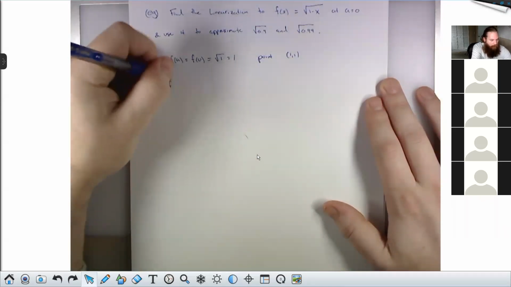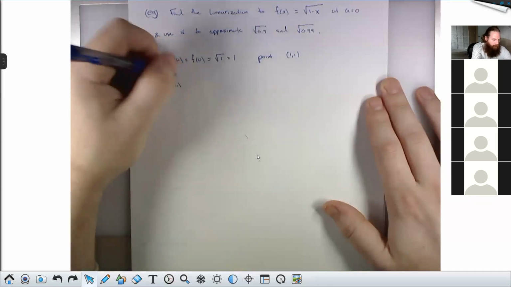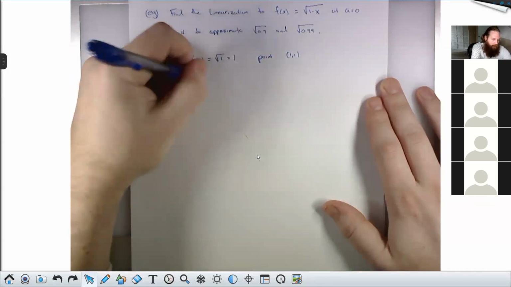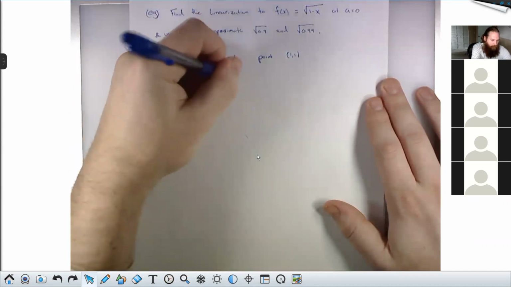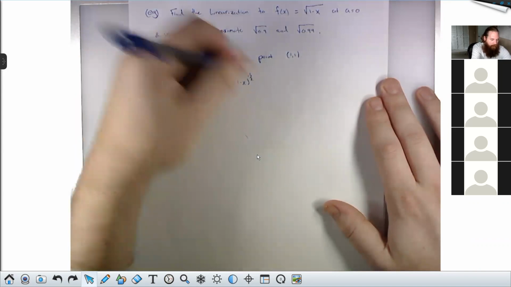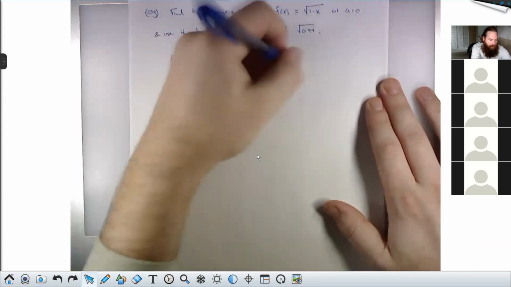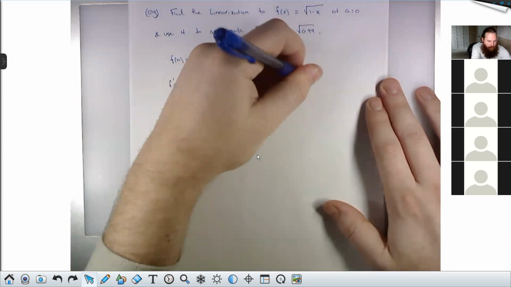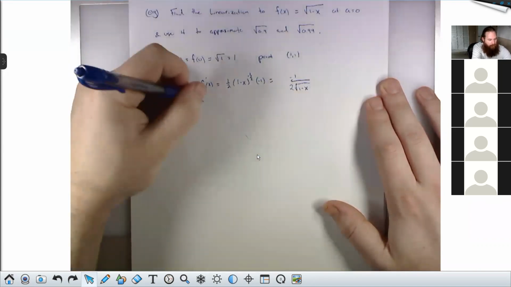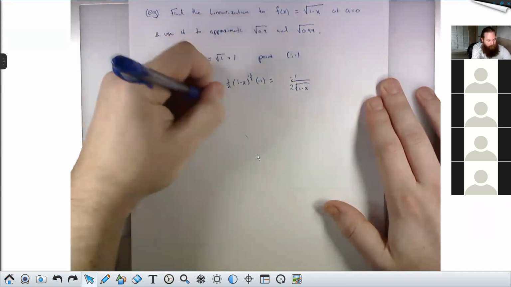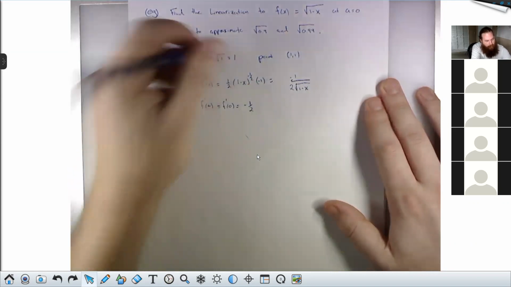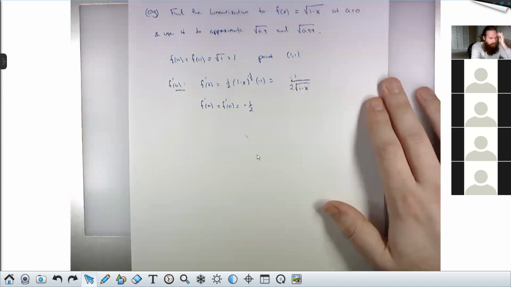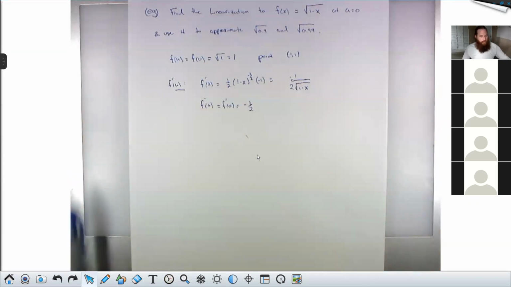And f prime of a, I'll find this by calculating f prime of x, which will be 1/2 (1 minus x) to the negative 1/2 times -1, or -1 over 2 square roots of 1 minus x. So f prime of a, f prime of 0, is -1/2. And then we'll build our linearization. But I'll leave this here and we can come back to this on Wednesday.